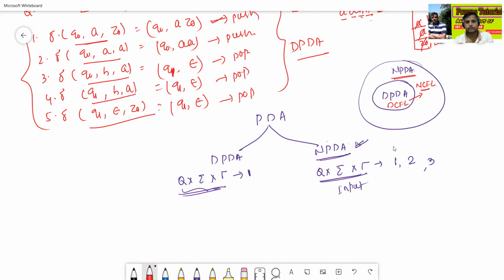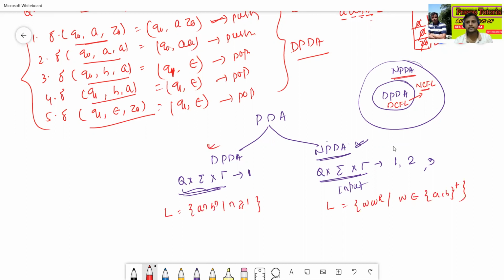Okay, so the DPDA example is here: L equals a to the power n, b to the power n, n is greater or equals to 1. The NPDA example here: L equals W W^R, W belongs to (a,b)+. Okay, this is the difference between DCFL, NCFL, and DPDA, NPDA.